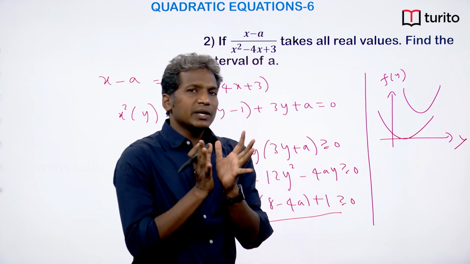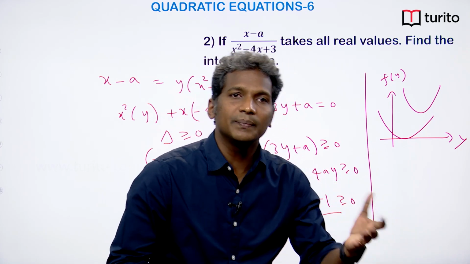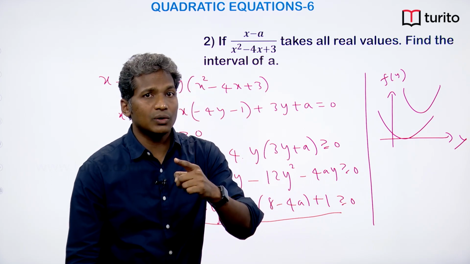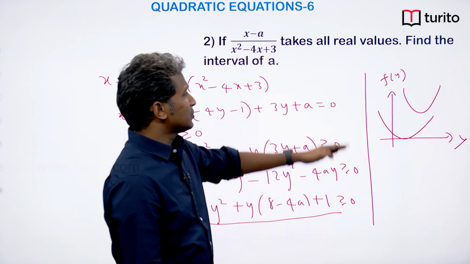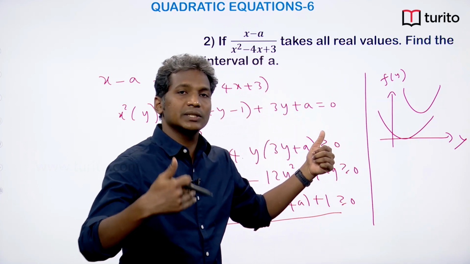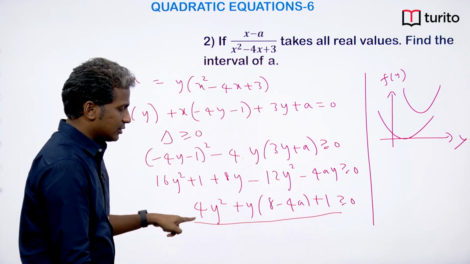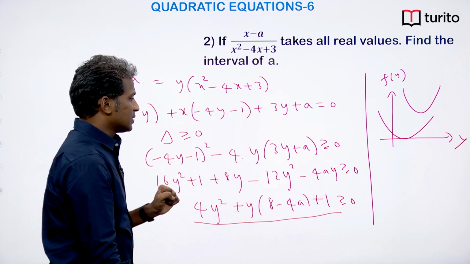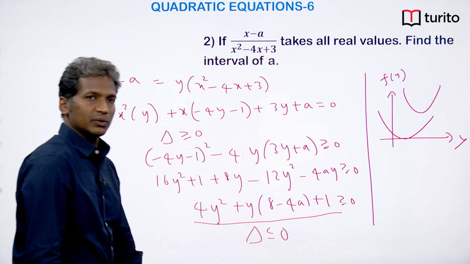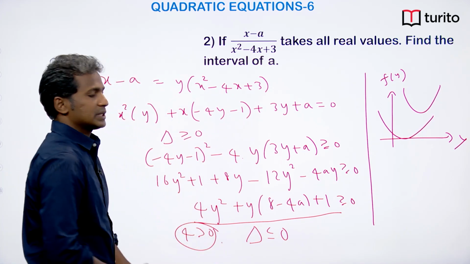For any quadratic expression to be always non-negative, what is the condition? The discriminant must be less than or equal to 0, along with another condition. For this type of parabola, the leading coefficient, that is the coefficient of y square, must be positive. Here, the coefficient of y square is already positive. So I just need the condition delta less than or equal to 0, because 4 is already greater than 0, we don't have to solve that condition.